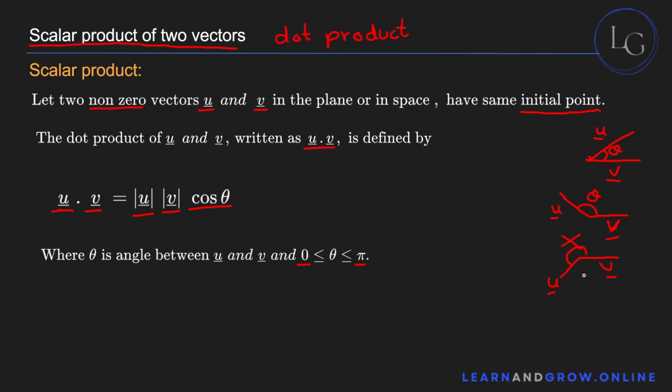No, that's not correct. This is theta, which is why theta must lie between 0 and pi. Because once it exceeds this 180 degree mark, you'll take the shorter angle. So that's practically useless. It will always lie between 0 and pi.